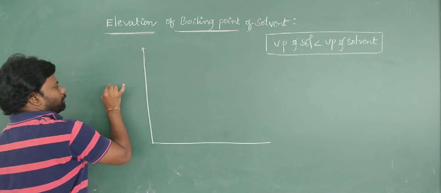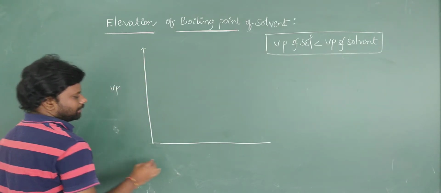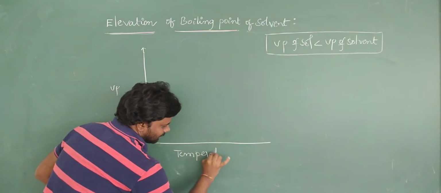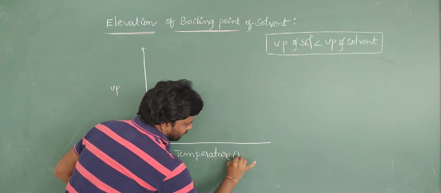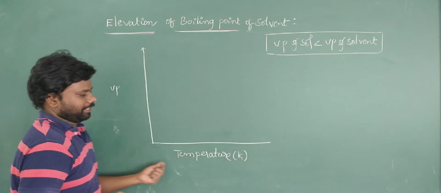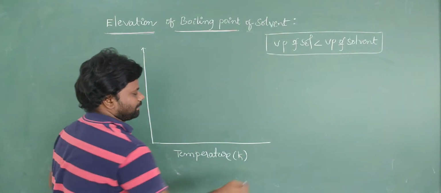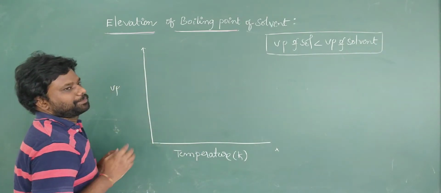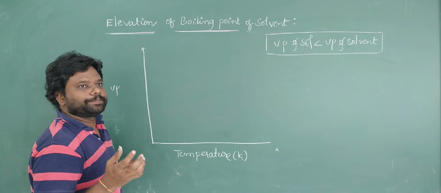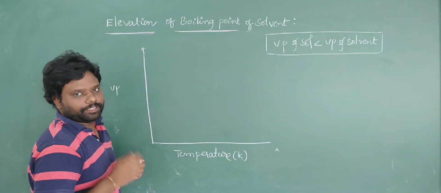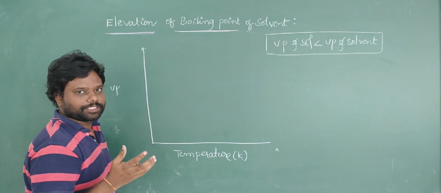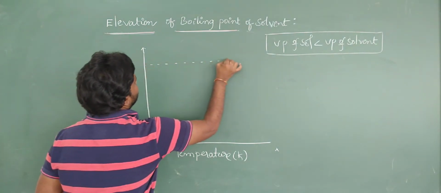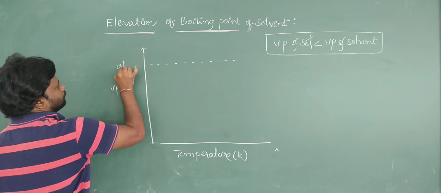Vapor pressure is taken on the y-axis, and temperature in Kelvin is taken on the x-axis. The atmospheric pressure is equal to the vapor pressure of the liquid at its boiling point. This line indicates 1 atmospheric pressure.